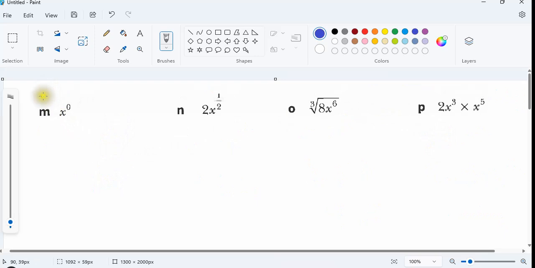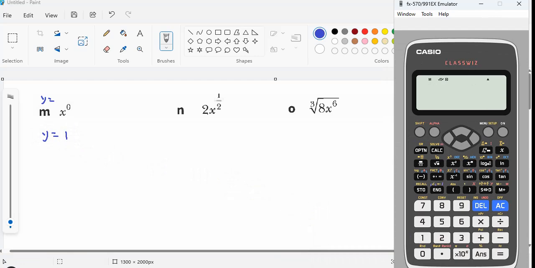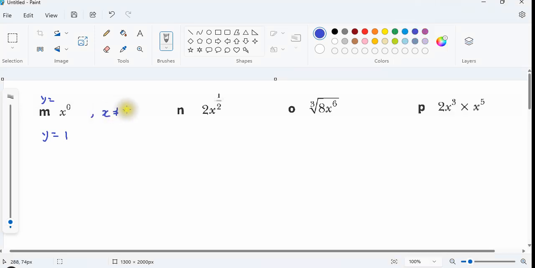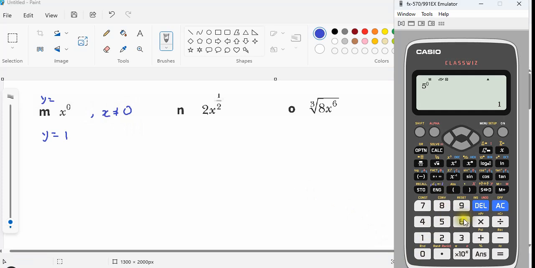Okay, so we have y equal to x power 0. Then y is equal to 1. Okay, we know that any number power 0 will equal 1 with the condition that x is not equal to 0. So we have 6 power 0, also 1, and then 60 power 0, also 1, but 0 power 0 is undefined.